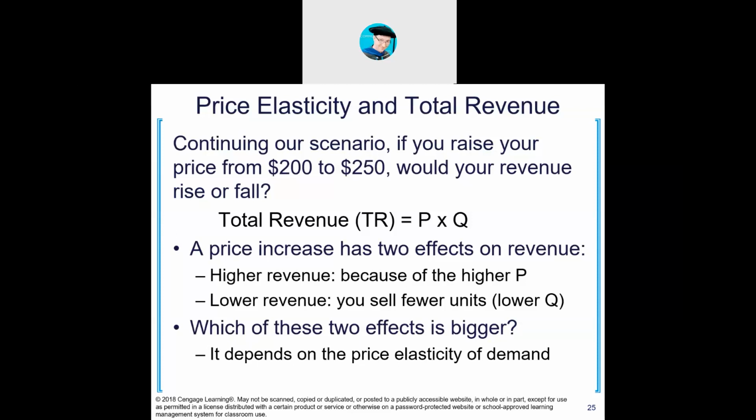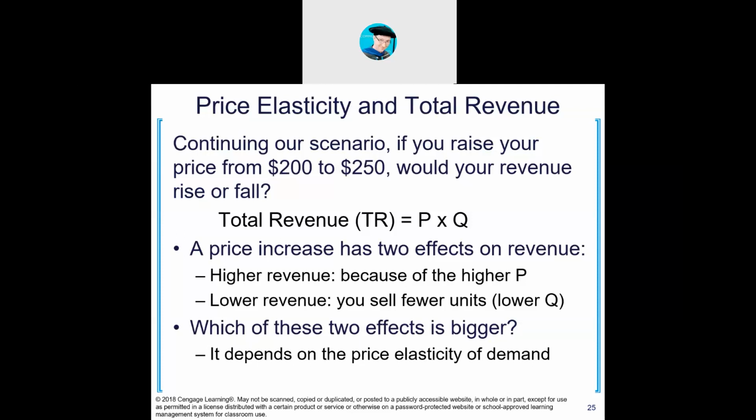When a price increases, it has two possible effects on total revenue. Will I yield higher revenue if the price is higher? Sure, yes, I'll earn more revenue with a higher price.